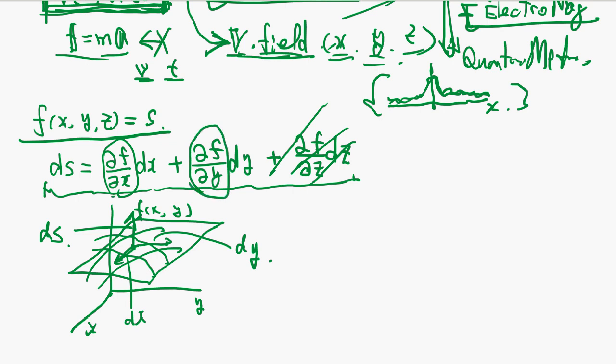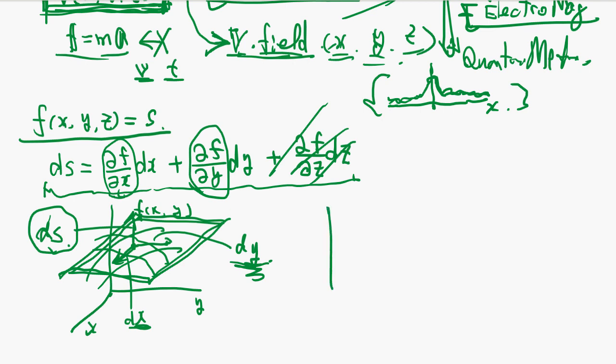So this partial derivative is a coefficient for dx and dy, and the total change is the sum, but that's on the linear plane, right? But what is the slope on this curved plane? Exactly the same as the slope of this linear plane.